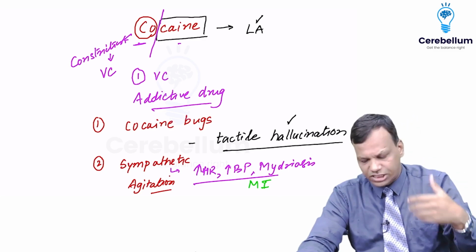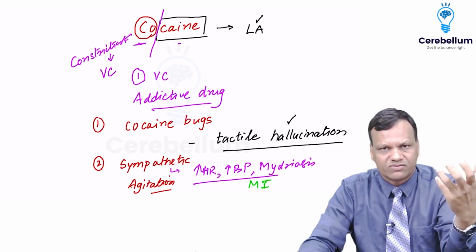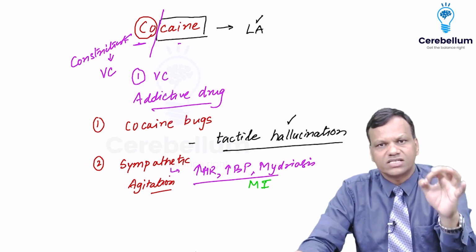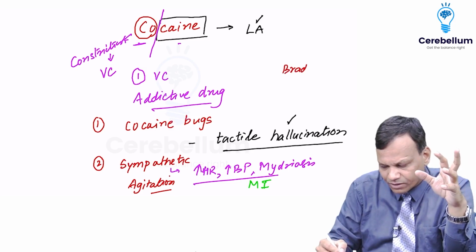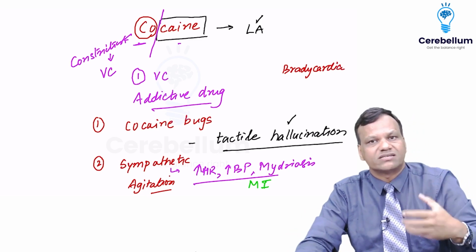Then there will be agitation, tactile hallucinations, marks on the skin. All these things will be given, but mostly the answer to the question, which is not seen in cocaine overdose, will be bradycardia. Remember, cocaine causes tachycardia, not bradycardia, because it is a sympathetic drug.